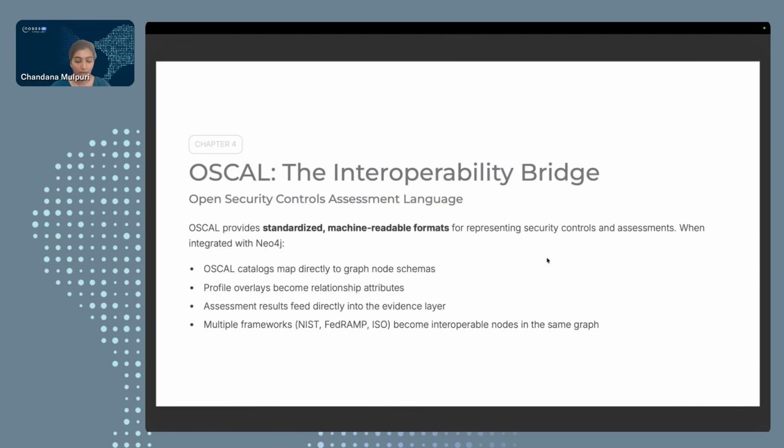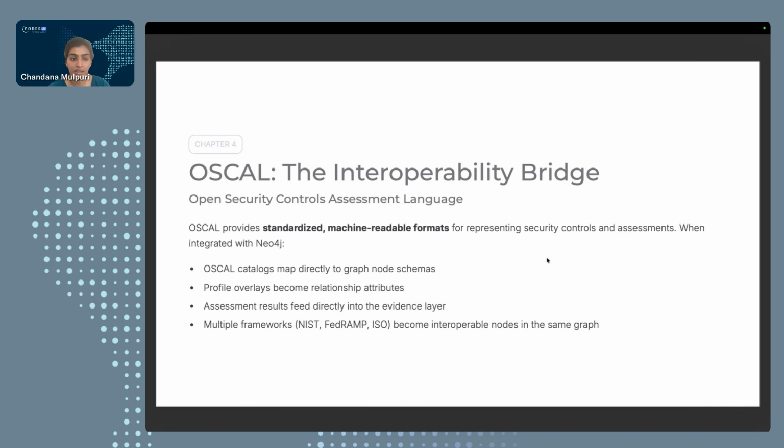Let's talk about OSCAL. The interoperability bridge here is OSCAL, which is the Open Security Controls Assessment Language, providing a standardized machine-readable format for representing security controls and assessments.